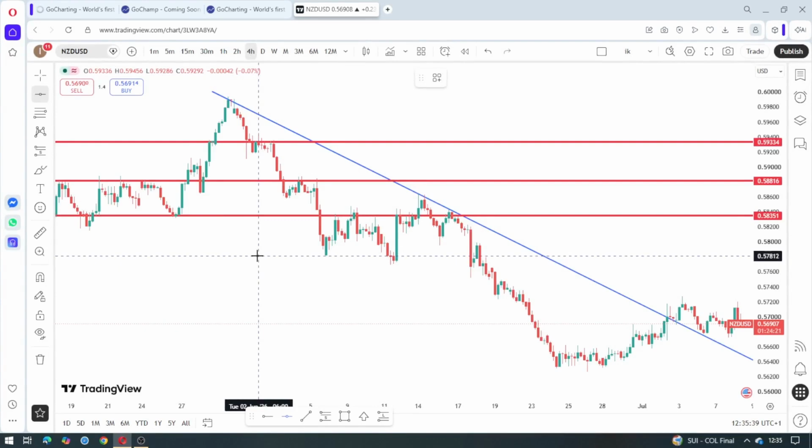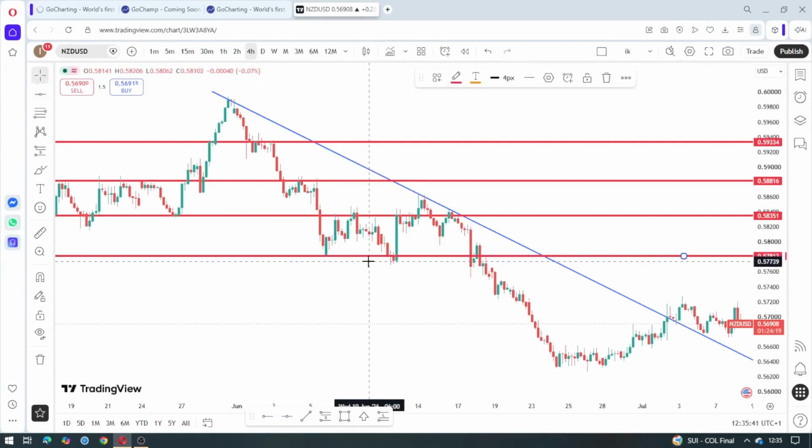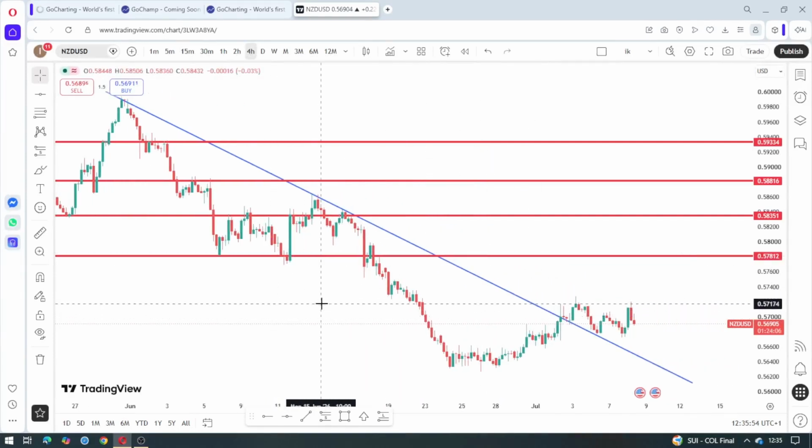Okay, maybe let's do it starting from the shortest one, which is here. This is what we have. And did you see a breakout and retest? Did you see that? So that is exactly, guys, what we need to pay attention to.